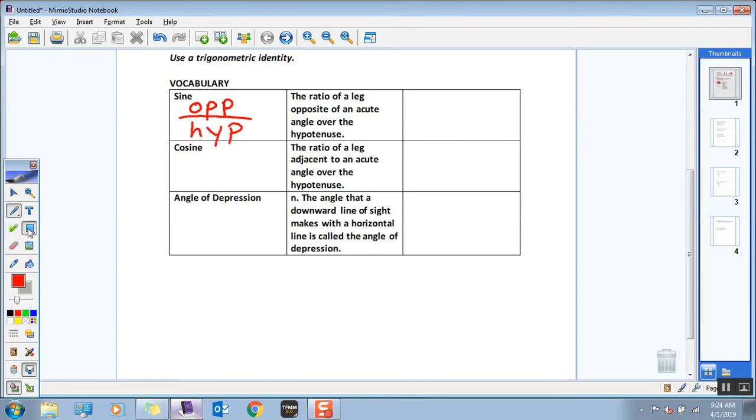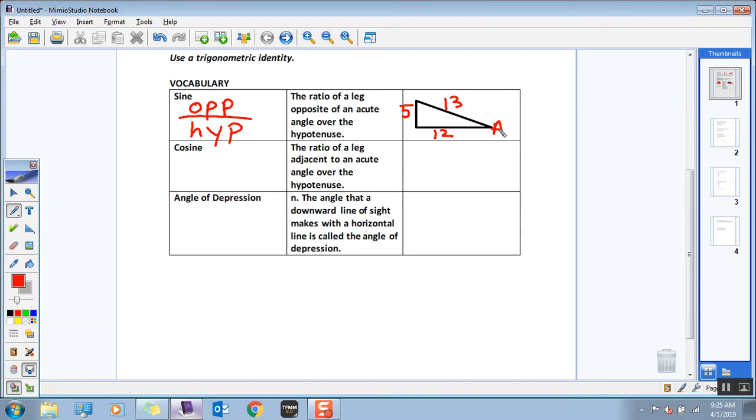If I had a right triangle like this, and I called the sides 5, 12, and 13, and I said this is angle A right here, what would the sine of angle A equal?